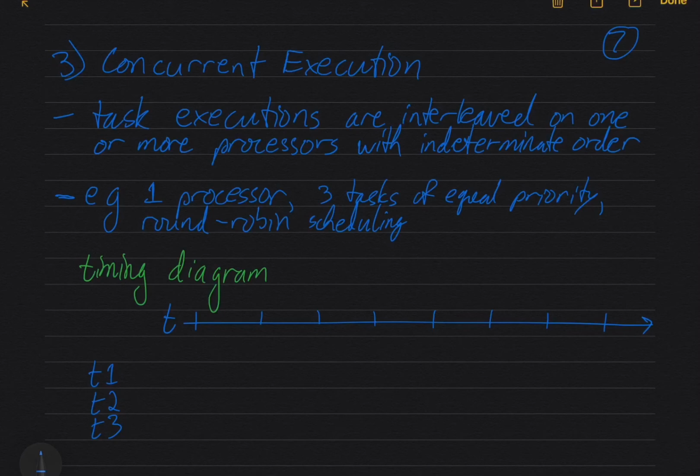And so task 1 will start in this first segment, and it will be running while its line is high, and then when its line goes low, it's not running until it's its turn again.